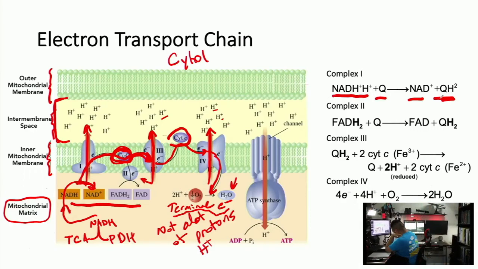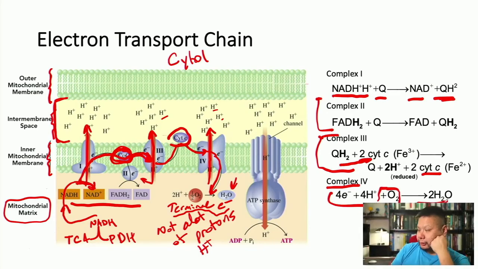And then from there, remember we're going to skip complex 2 for a second. Coenzyme Q transfers those electrons in complex 3 to cytochrome C, and then cytochrome C transfers those electrons over to complex 4, cytochrome C oxidase, where the electrons come and reduce the oxygen to water, and that's why oxygen is known as the terminal electron acceptor.